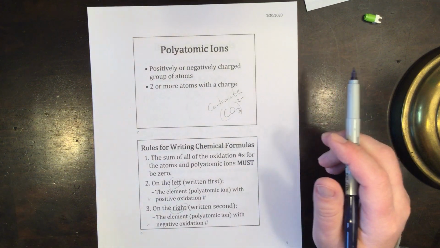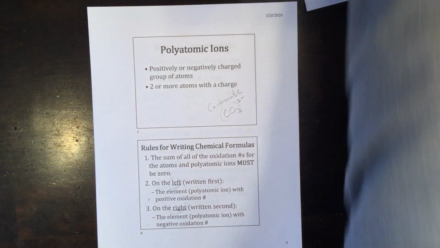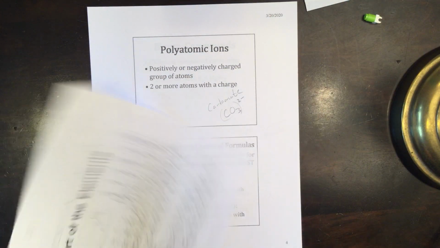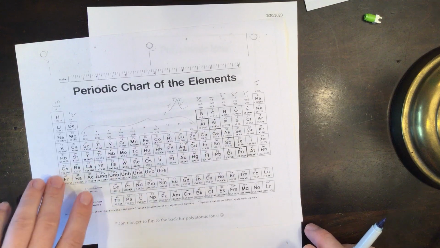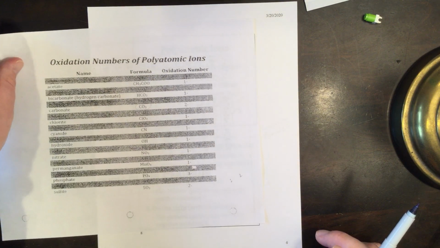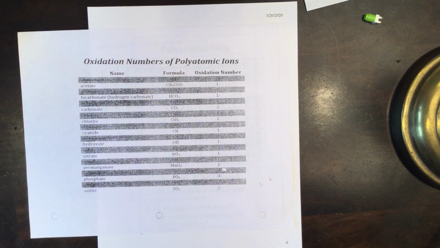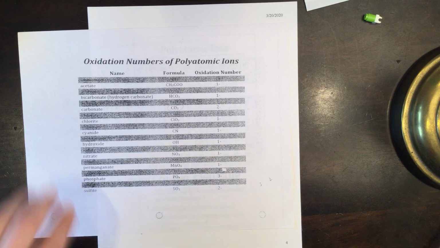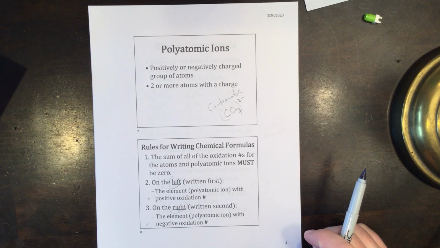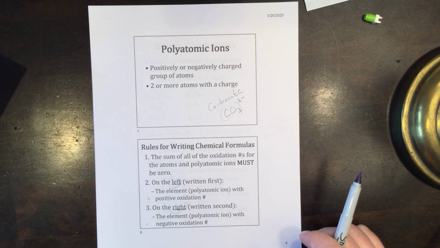Okay, now on the back of your periodic table, let me reach over here and get one. You can see mine here. I've already made some notes on it. It's not a bad thing to do if you could read that. On the back of your periodic table, they're called polyatomic ions. A polyatomic ion is when you have multiple atoms together of different elements and they still have a charge.